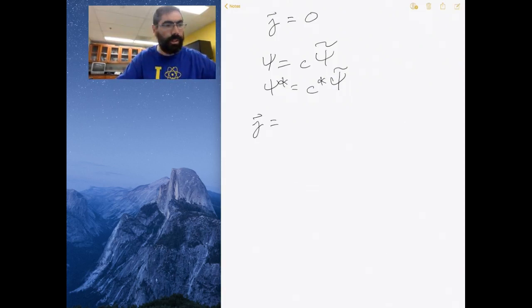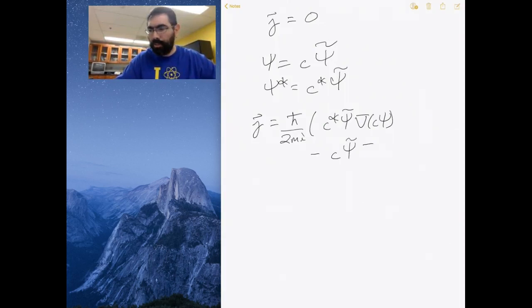So J is equal to ħ/(2mi) times c*ψ̃ times the gradient of cψ̃, minus cψ̃ times the gradient of c*ψ̃.